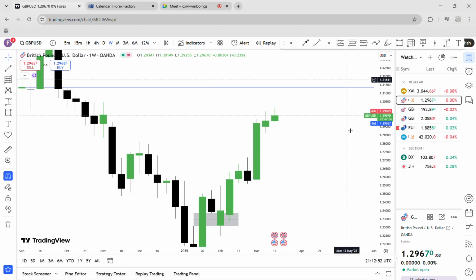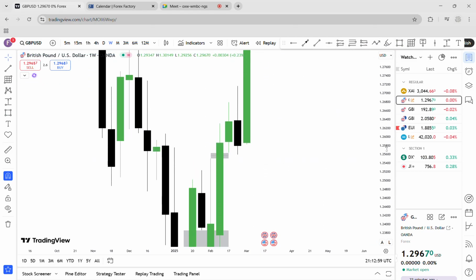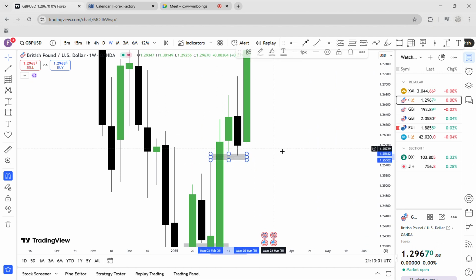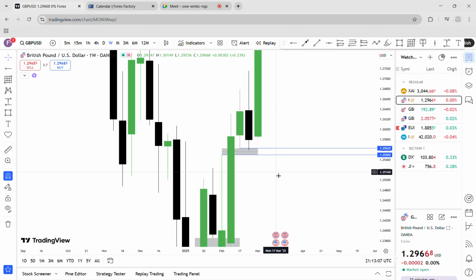So what happened here was we have a fair value gap, a tiny one. Let me show you guys right here. We did trade into this area, to this fair value gap. And as well, we also have this area right here.